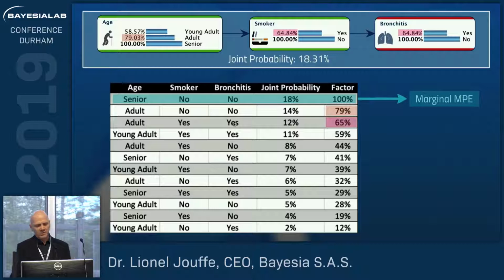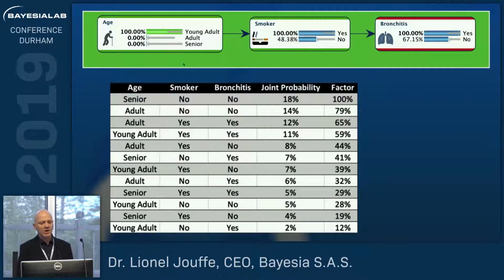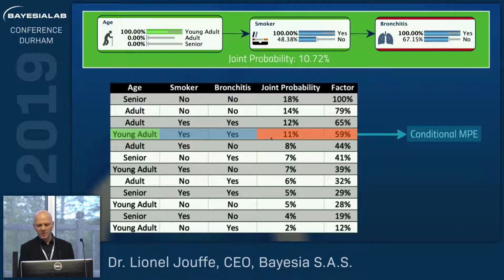So now, if I set a hard evidence on young adult, I'm going to switch to this slide, right? And I'm going to reduce the joint probability of the new evidence that has the highest probability to 10.7%. So I'm reducing it by 59%, right?